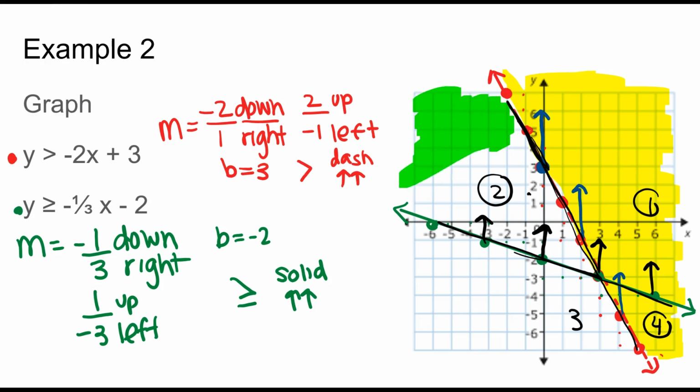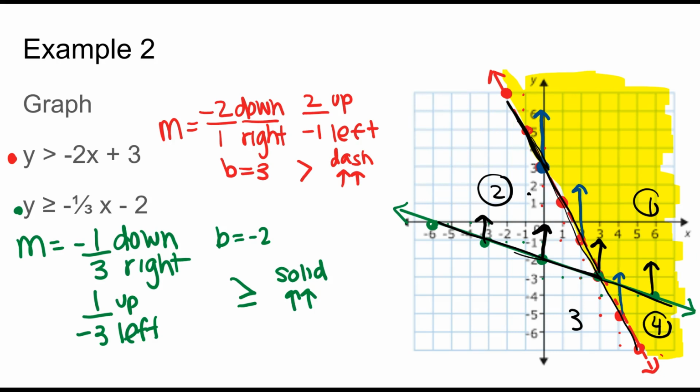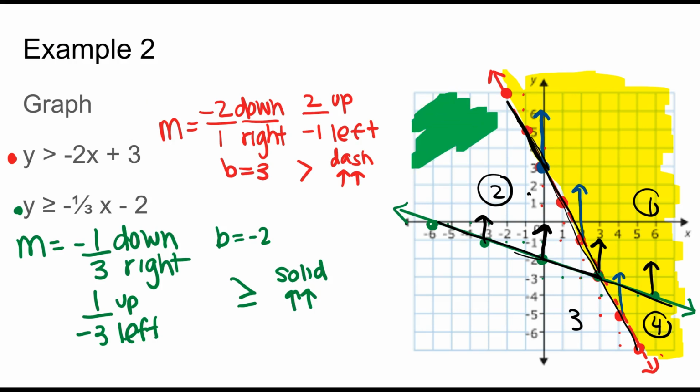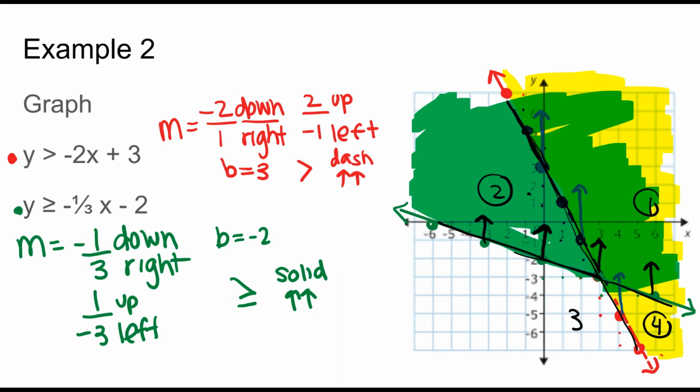So not there, there's no yellow there. But as I shade up, let's try a different color maybe. I don't know if that's going to get us the shading we want here. I'll leave it in. And so where is there both green and yellow on my graph?